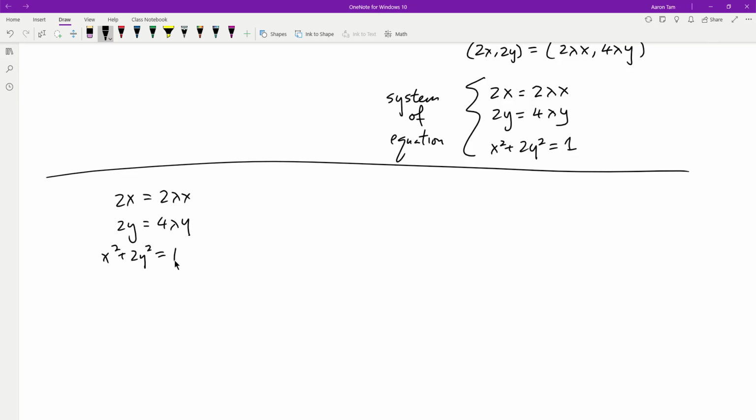As with a lot of other problems, there are multiple ways to solve this system. I'm simply presenting the way that I see it, and you might see something different. However, you do have to pay attention to the following. One very common mistake students make is to look at the top equation and say, can I just cancel out 2x and say lambda equal to 1?